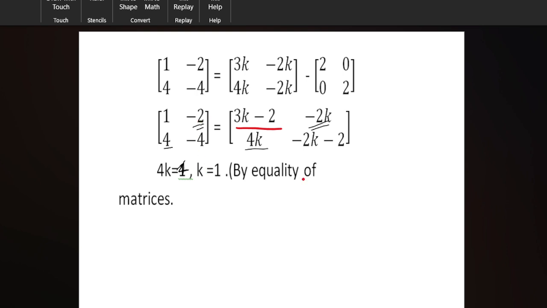So k equal to 1 we will get here. From the other element you will get 4k equal to 4, k equal to 1, and minus 2k minus 2 will also give you 1 only. So everywhere we should get 1.